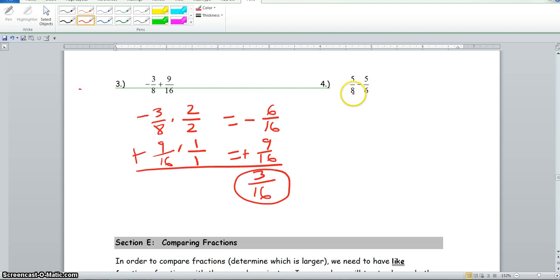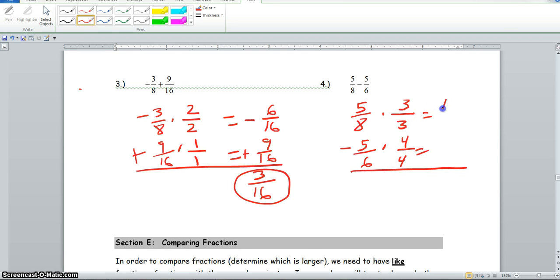The least common denominator of 8 and 6, we know, is 24. So it'll be 5/8 minus 5/6. Now we ask ourselves, 8 times what is 24? We know it's 3, so this would be 3 over 3. And 6 times what is 24? We know it's 4.